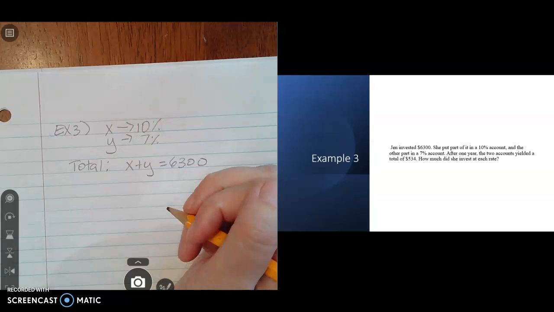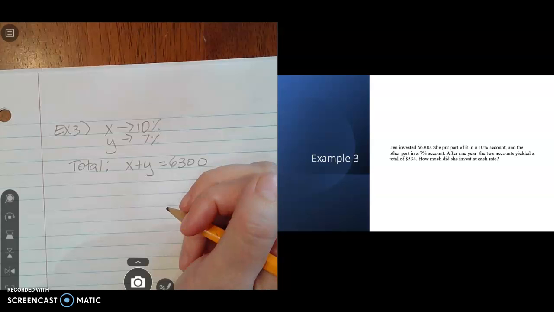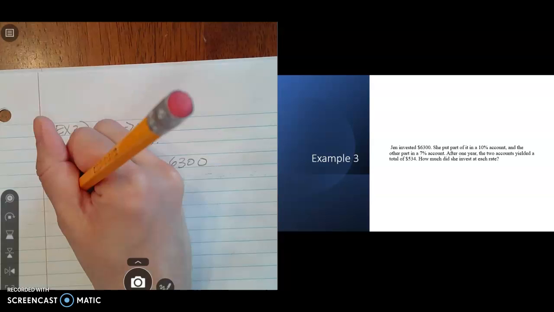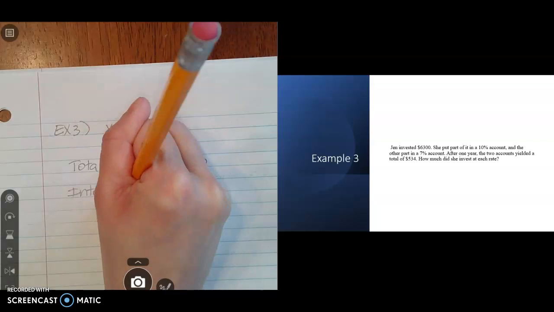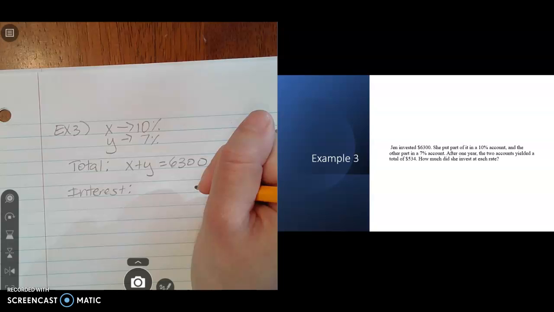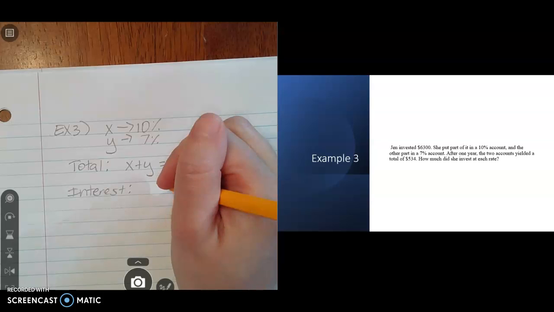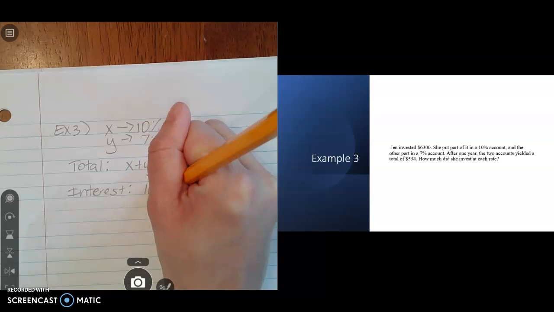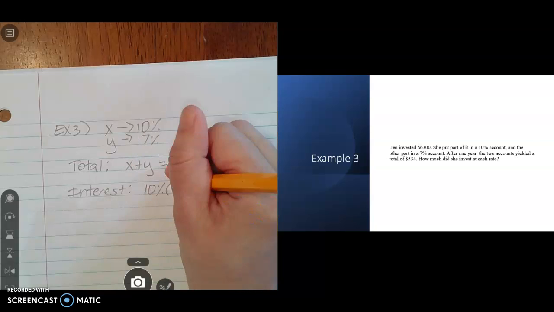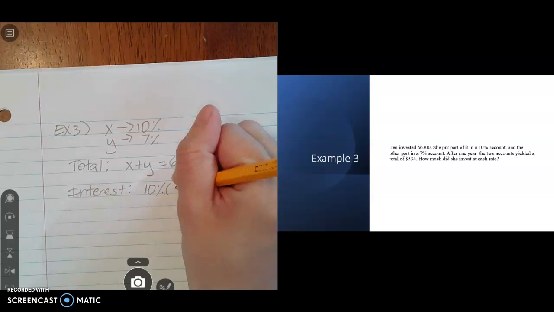Then we have lots of information about the accounts and the interest. So we're going to have an interest equation that involves all of that information. The interest is principal times rate times time. Since it's just 1 year, we're multiplying everything by 1. For the interest in the 10% account, we're going to do the rate, which is 10%, times the amount that was invested at the 10%, which is x.